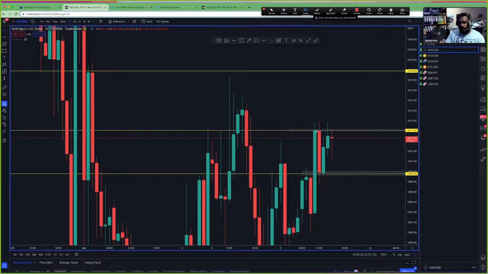If in the next 5 minutes price can come up above 1811.50 right here, what are the chances that we can push up and have volume push through this resistance area at 1812.50, and come up to potentially 1814.50 right here? So that's what I'm thinking right now, but I just need to wait for confirmations. I really need to wait for confirmations.